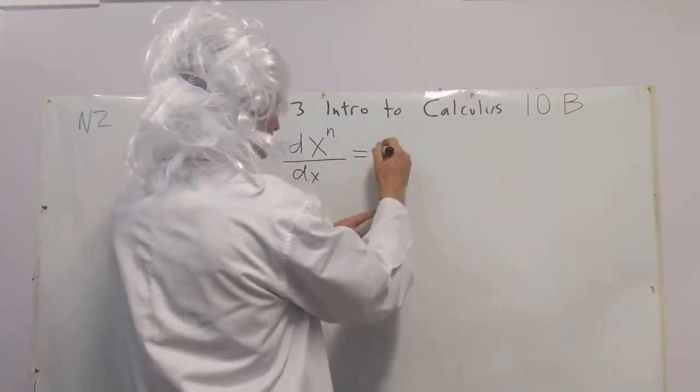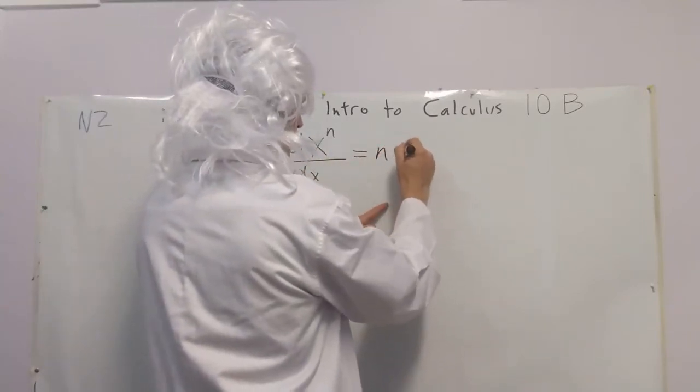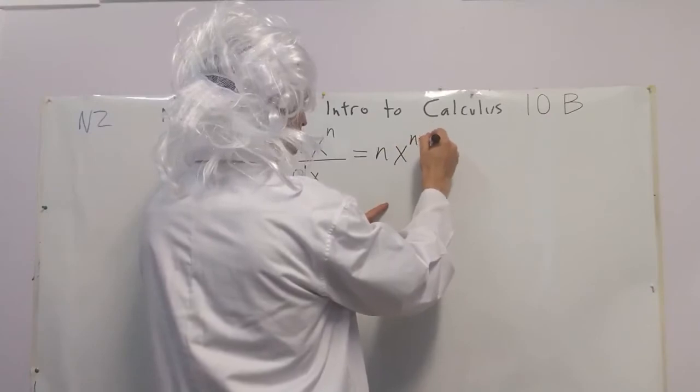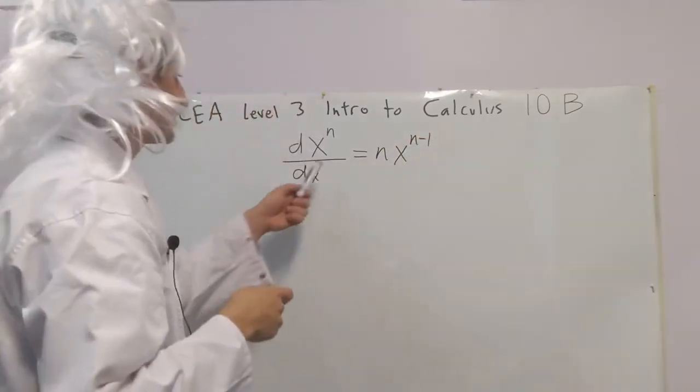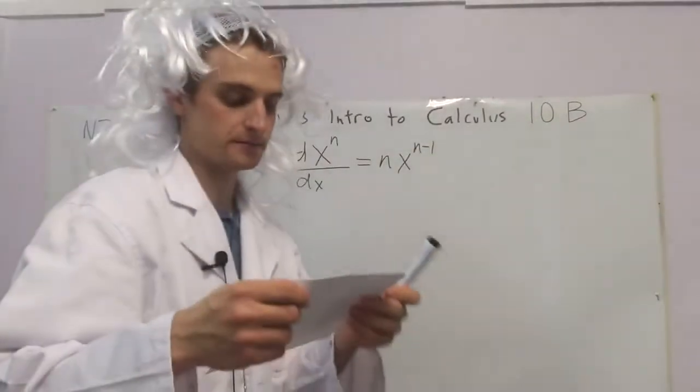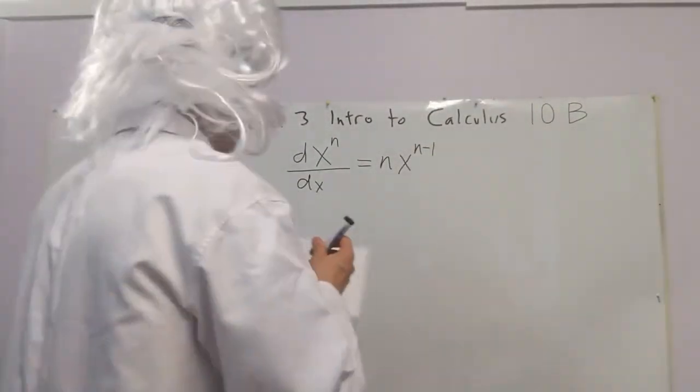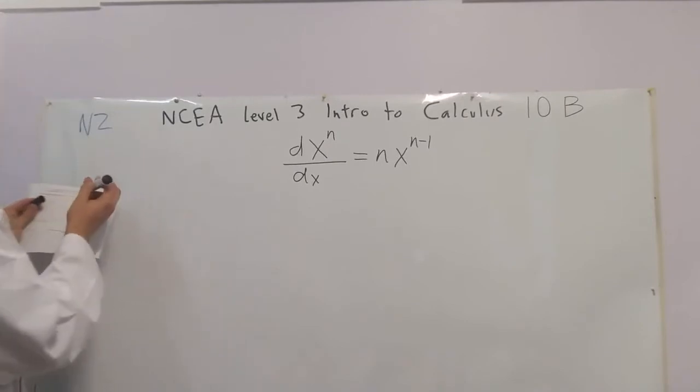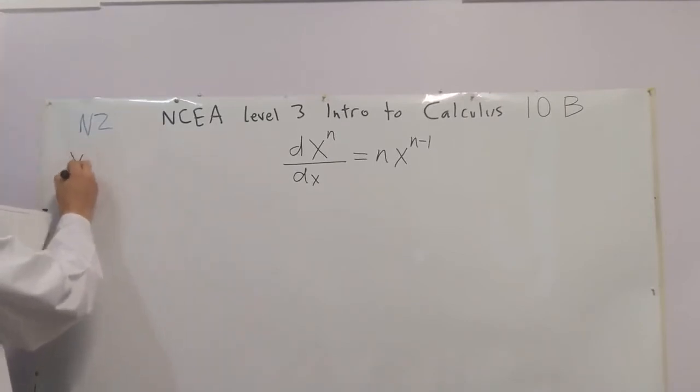This is n times x to the n minus 1. This is what we'll be applying for these questions right here. So we have our first one. It says y equals negative 3x plus 7.